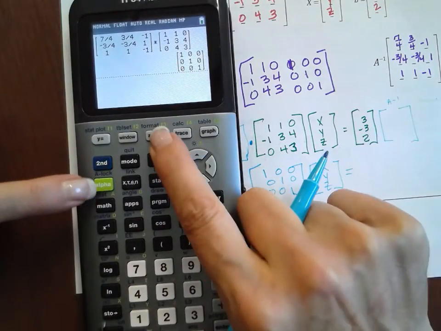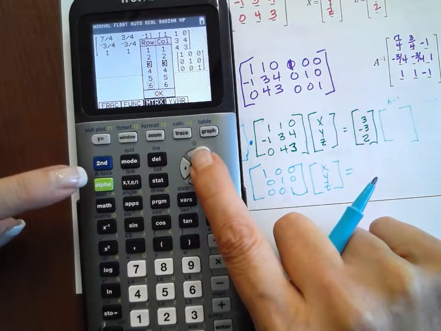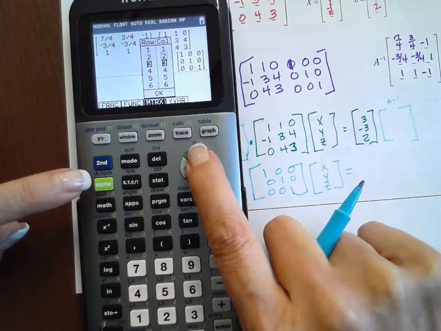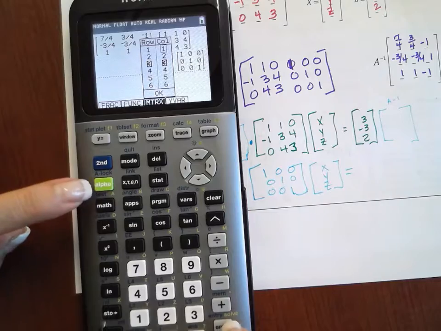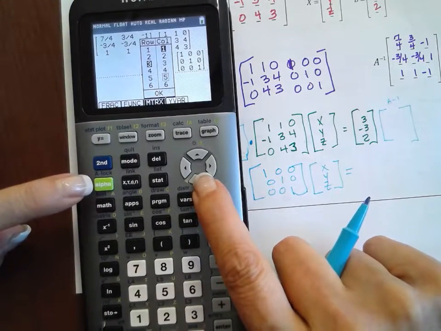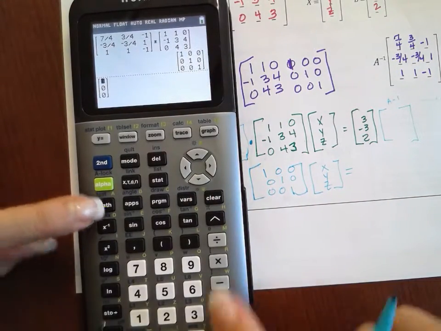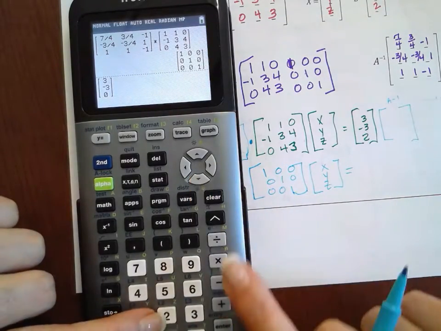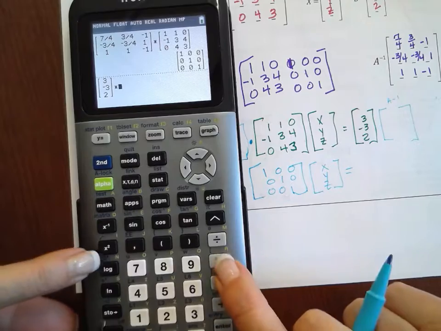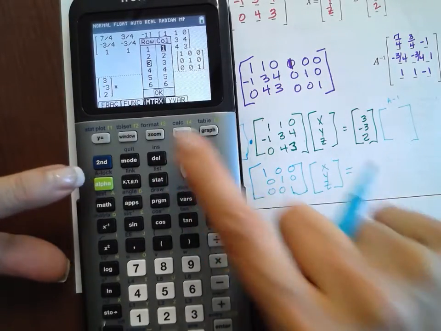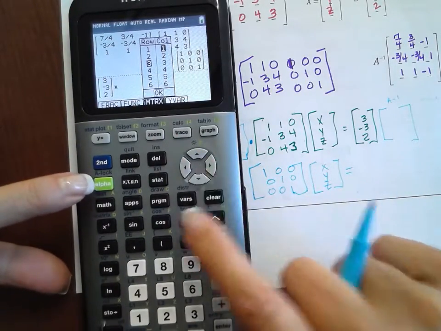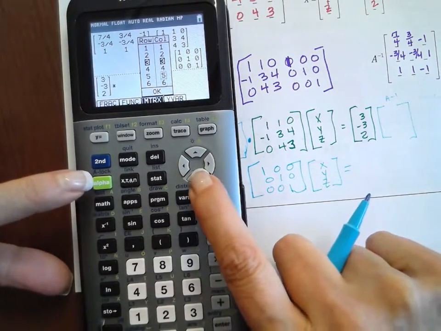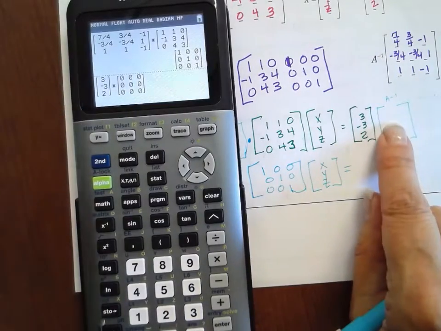So, if I have a 3-row by 1 row, and that is a 3, -3, and 2. And I'm timesing that by a 3 by 3, because now I want to put the identity on the other side.